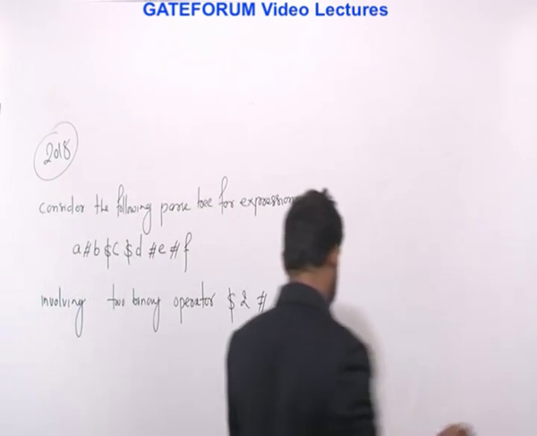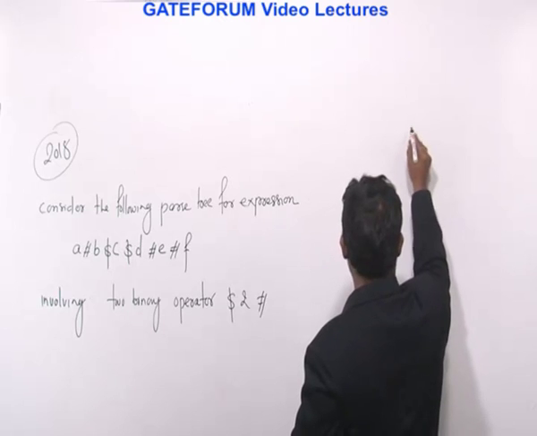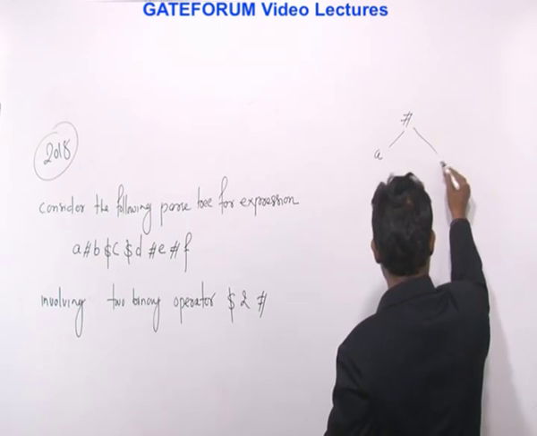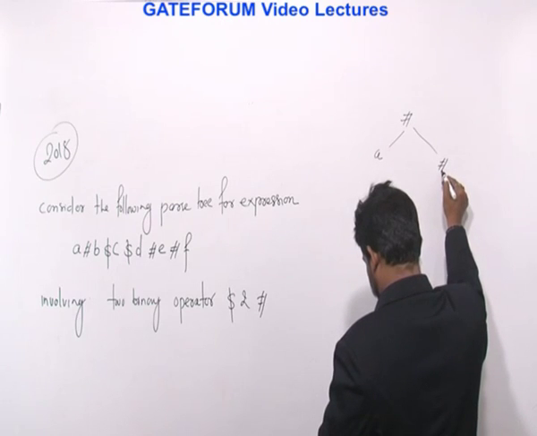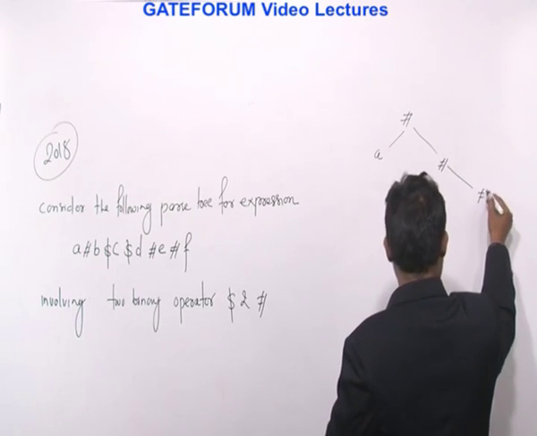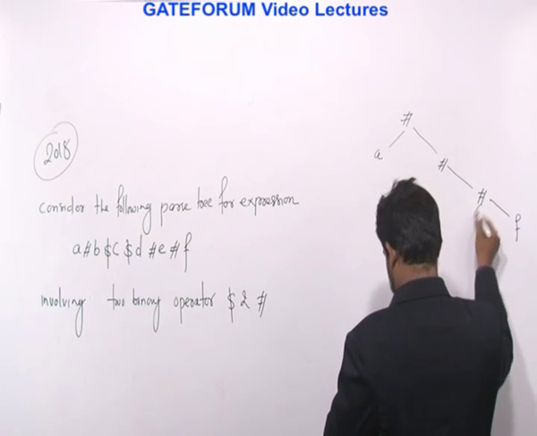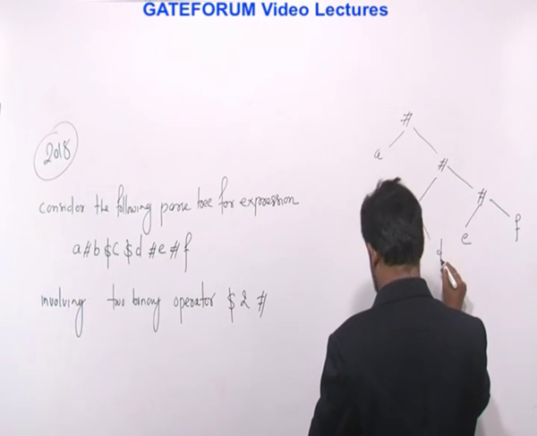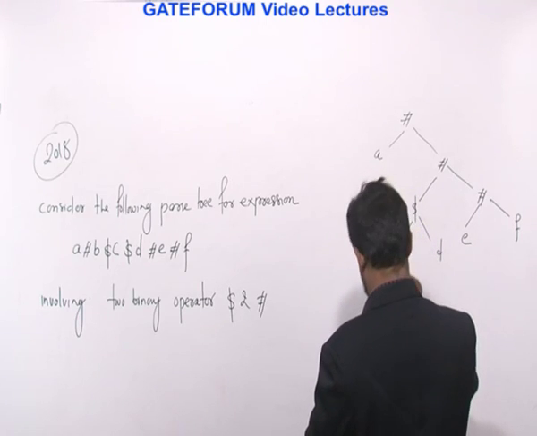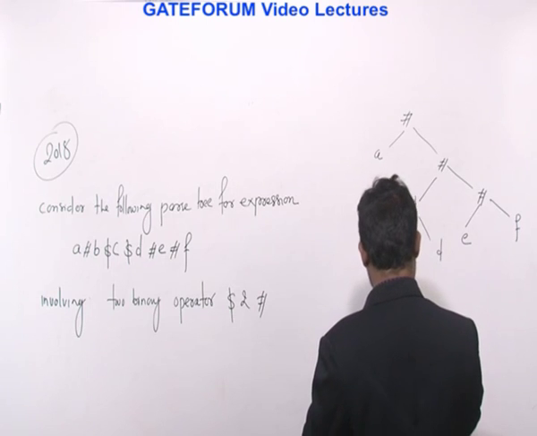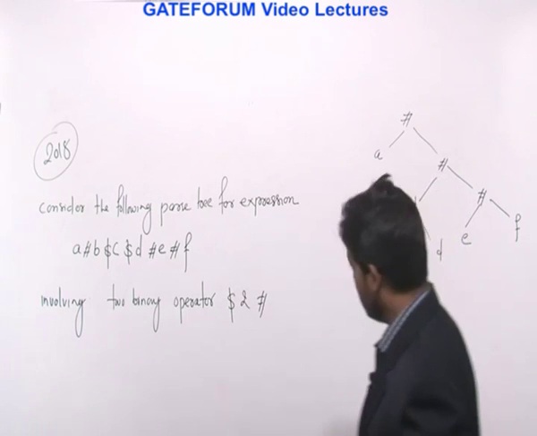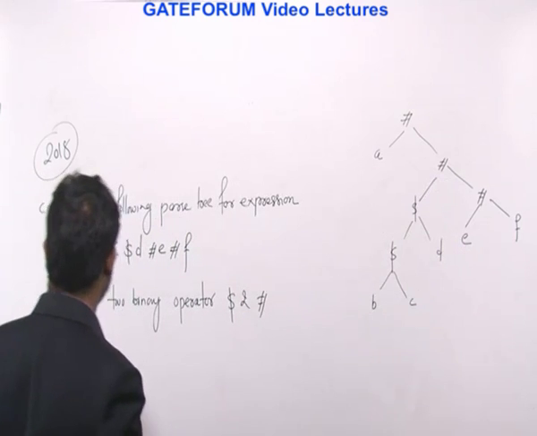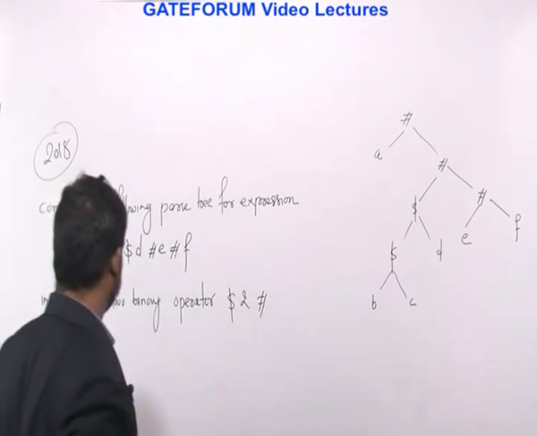So hash A, another hash, then hash F, then we have an E, we have a dollar, we have a D, we have another dollar, we have B, and we have C. Now this is the parse tree, and this is the sentence that considers the parse tree for this expression.